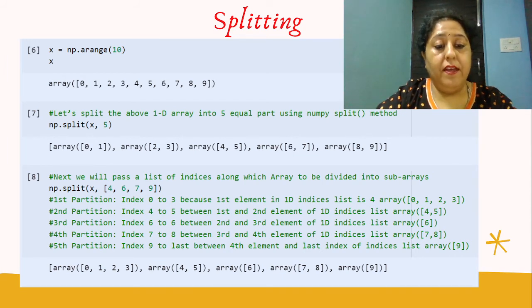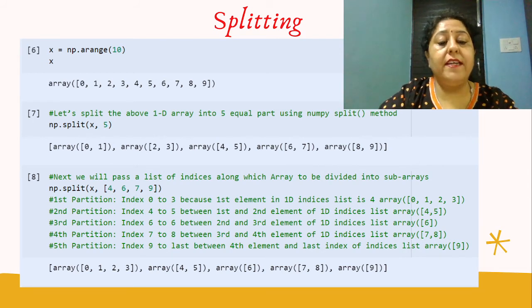The fourth partition will be from index 7 to 8 because you have specified the next element as 9. And the last partition, that is the fifth partition, will be from index 9 to the end of the list. So it will have only the last element, 9.